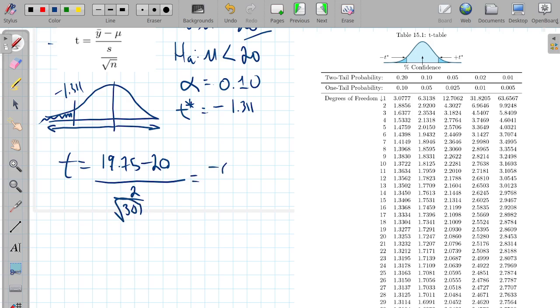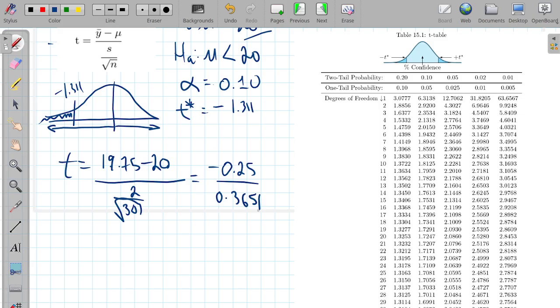So in the numerator we have negative 0.25, and the standard error on this particular question, I didn't break it out. I just left out the final answer. So we'll put it in. Not a big deal. So we have a calculator. Divided by the square root of 30.